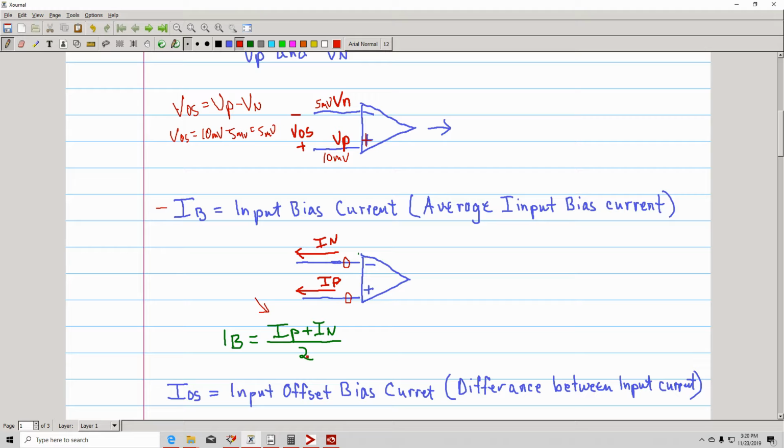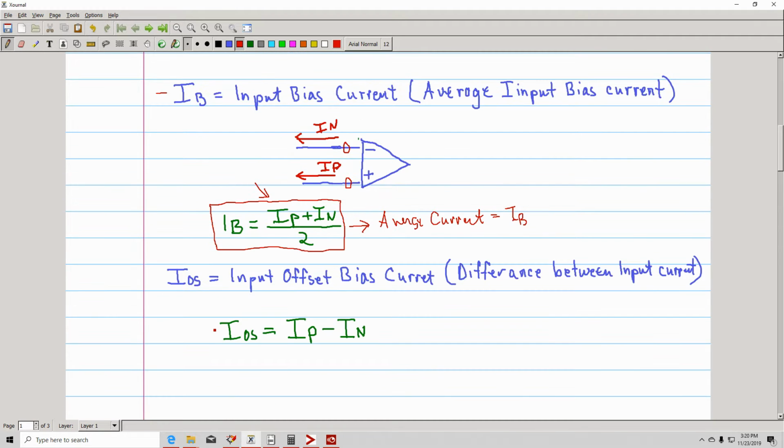Basically, you add them up and divide by 2, so what you get is the average current. That would be IB, and that's represented by this equation. This is a very important equation, and we're going to use it.